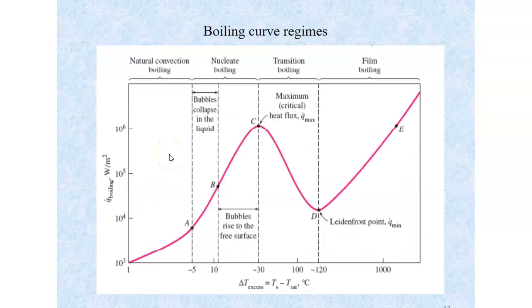Okay, and then Nukiyama managed to get this boiling curve with its regimes. You could see when the difference T excess, Ts minus T infinity, is between 1 and 5, this is natural convection boiling, up to A. Then from A to B, this is where the bubbles collapse in the liquid.